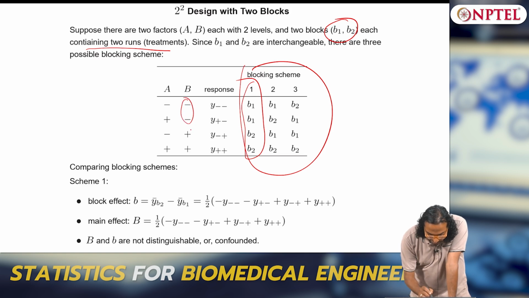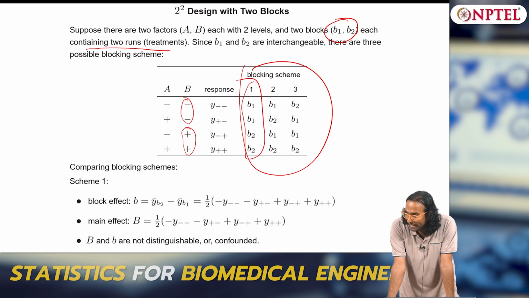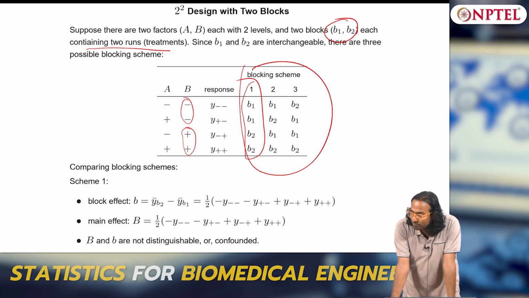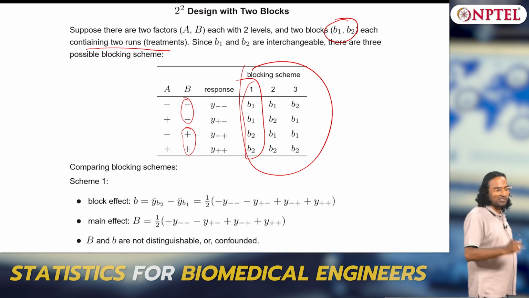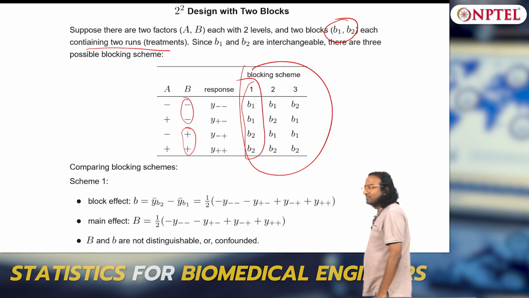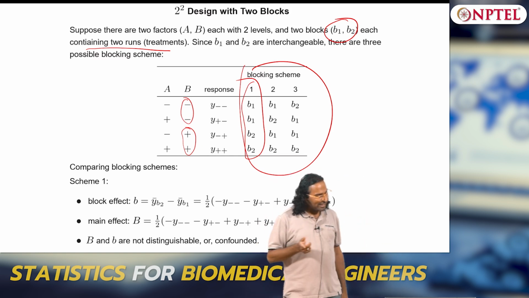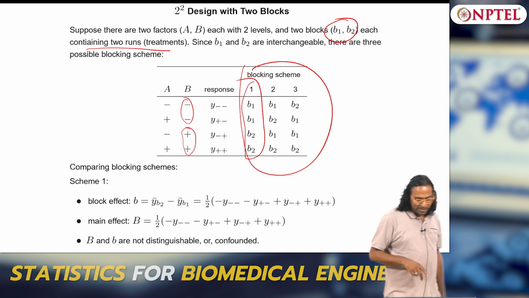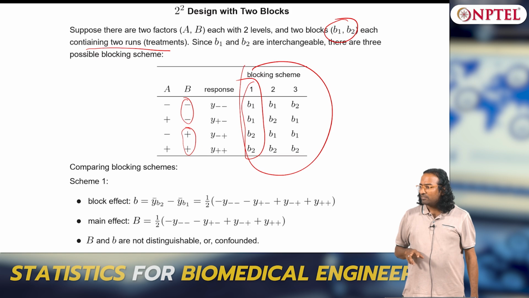B2 is when B is positive, right? And what about scheme 2? B1 is when A is negative and B2 is when A is positive. And then what about the third one? B1 is applied for both when A is positive and negative, and B2 is applied when B is positive and negative, right?